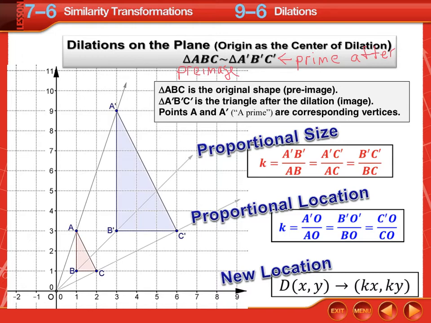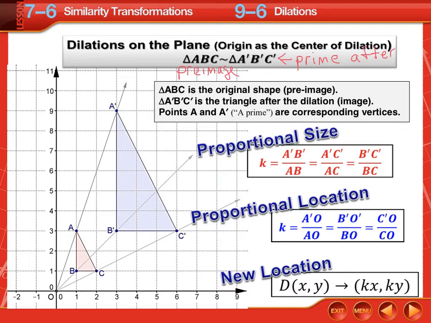So in this case, we know for sure that we have a dilation, and the before transformation is ABC, and the after transformation is A prime, B prime, C prime, and this being a much larger shape is indicating to us that we have an enlargement.